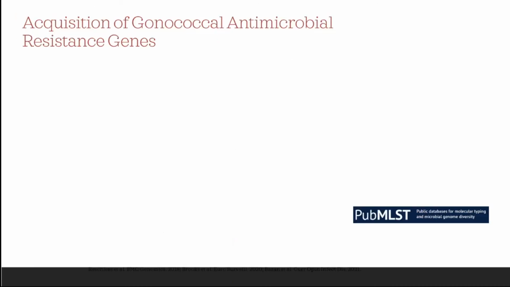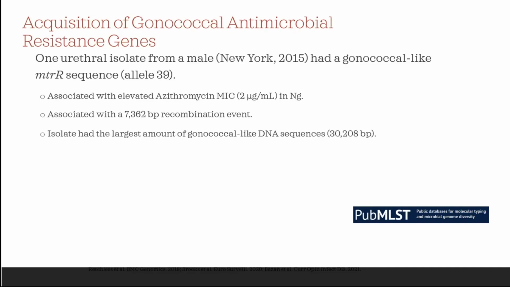In addition, this clade has acquired, and again, the database has been incredibly helpful in looking at acquisition of gonococcal antimicrobial genes in the clade, which is emerging quite rapidly.